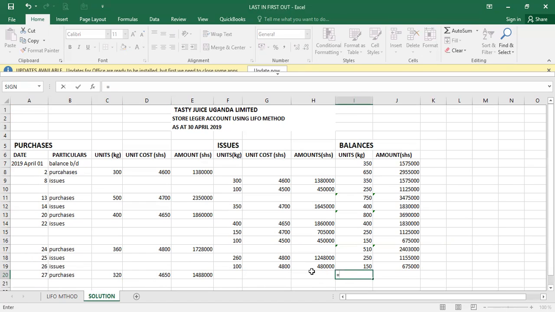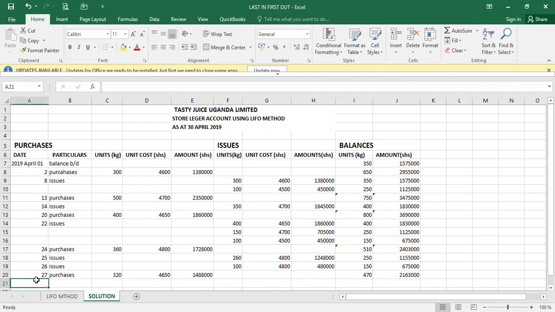Because in this, we are adding, because the stock is coming in, plus this. Then it will be equating to this plus this. That will give us that.